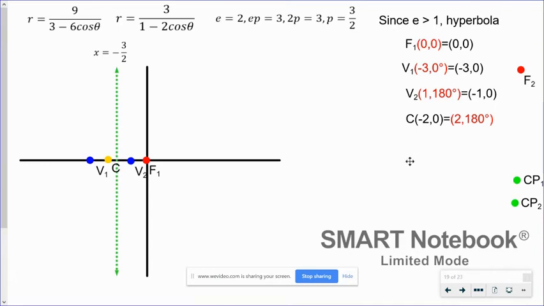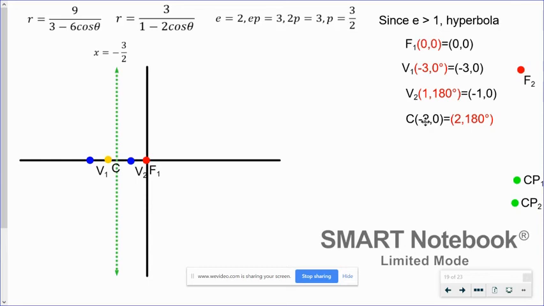Well, in this case, I probably can find the other focus next. How do I do that? Well, I know the distance from the center to the focus must always be the same to either foci. We've talked about the importance of the center being a midpoint. So the distance from the center to the focus, I'll probably do rectangular in this case. The center is at -2. This focus is at 0.